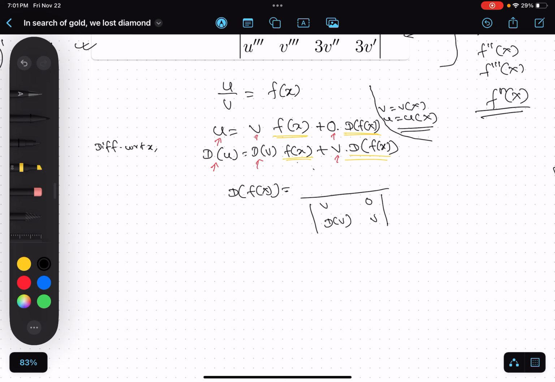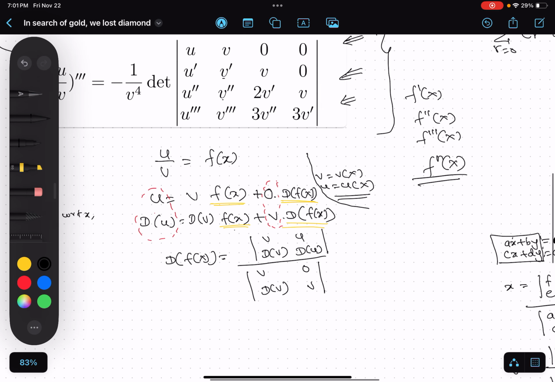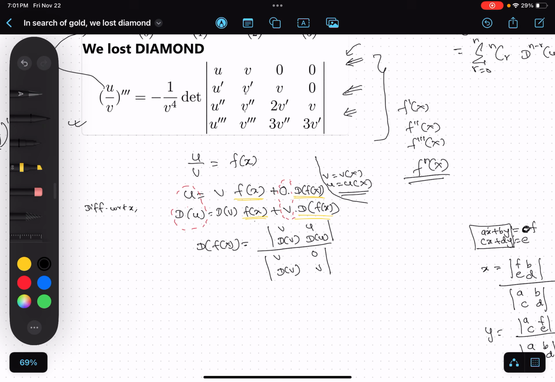In the numerator, since we are trying to find d of f of x, the column of the coefficients of d of x will be replaced by these things according to Cramer's rule. So this will just be b d of v times u d of u. This is the formula involving just u and v to find the first derivative.